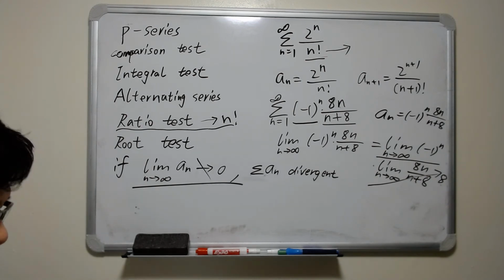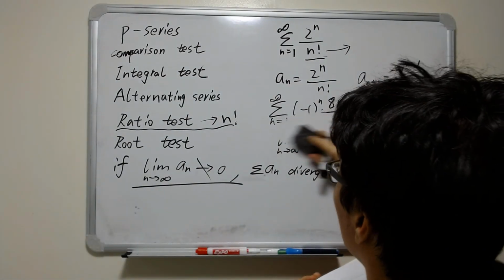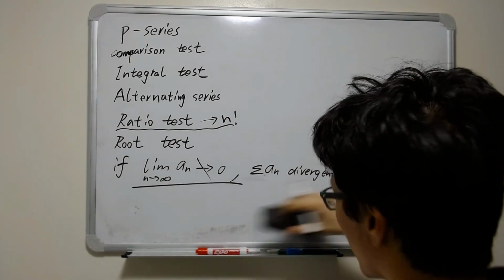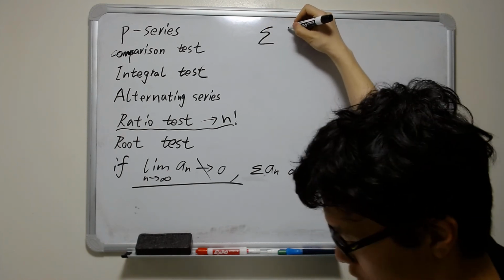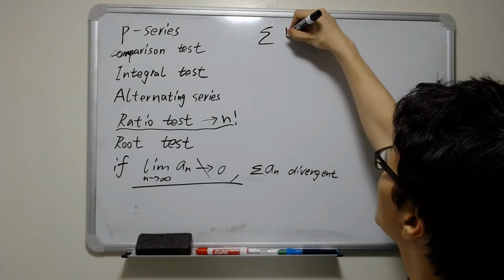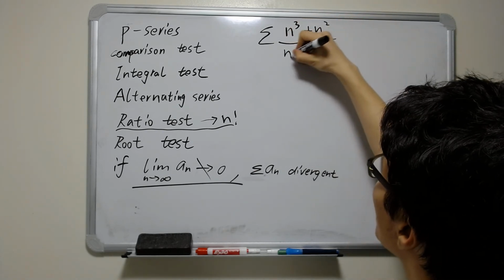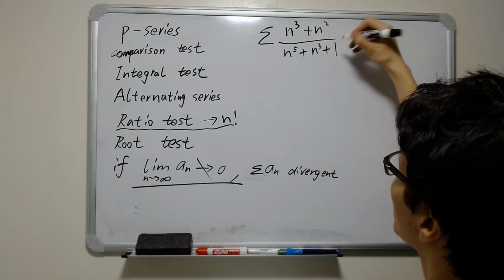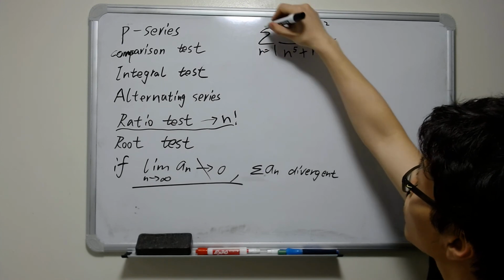Okay, some more examples. What if our series is the sum of n cubed plus n squared over n to the 5 plus n cubed plus 1, from 1 to infinity?